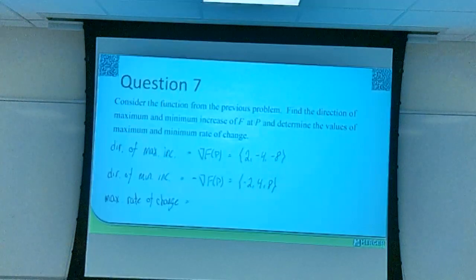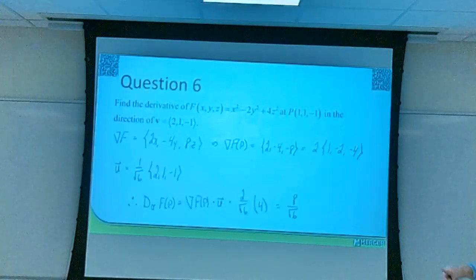What's the maximum rate of change? The magnitude of your gradient. Remember, you can factor out a 2. That's what, 4 and 16 is 20, plus 1 is 21.